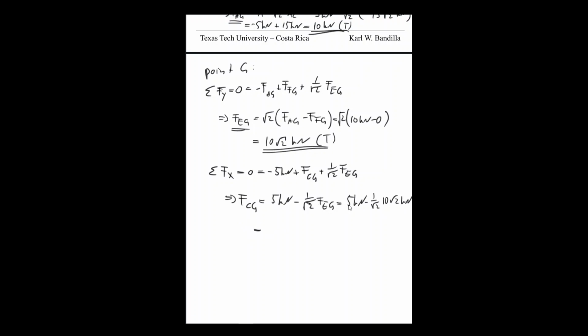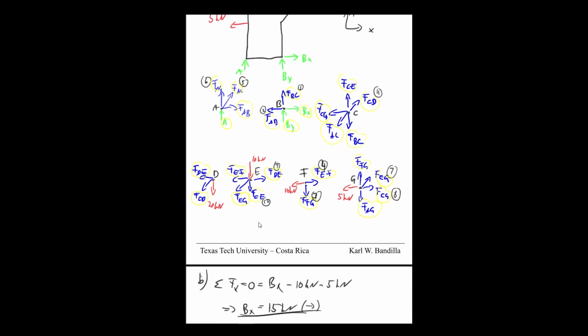So that's then 5, those cancel, minus 10 would be minus 5 kilonewton, so compression. FCG. All right, we are getting there. So that was number 7 and 8. So only 3 left. We get 9 and 10.